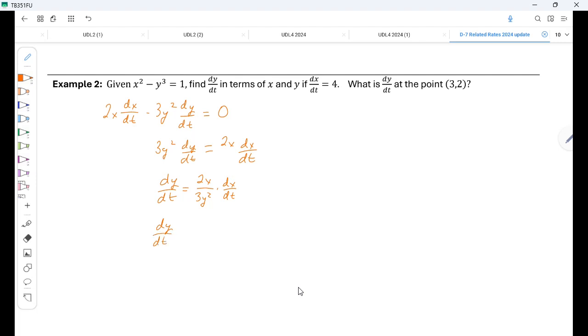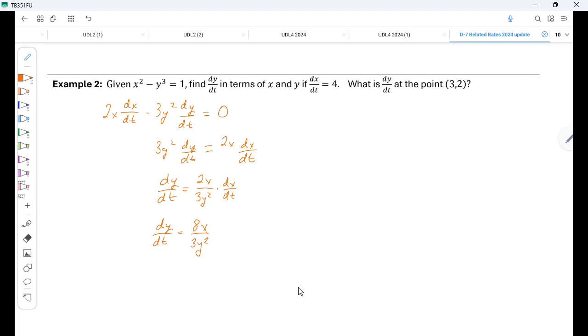So the final answer to their question should be 8x over 3y squared. That's one of the things to remember in related rates. These dx/dt's and dy/dt's, they're variables. They're things that you either solve for or you replace with a number. And that is an 8x, despite the fact that it sort of looks like a y.